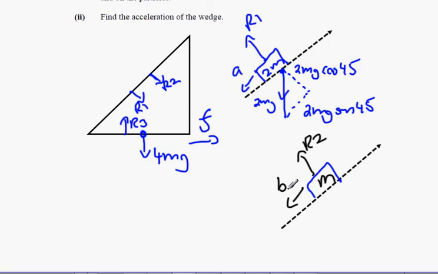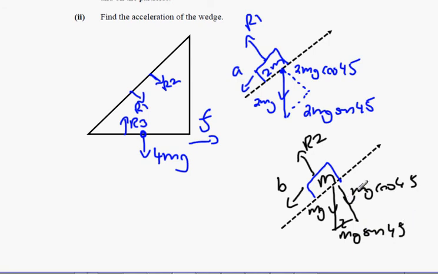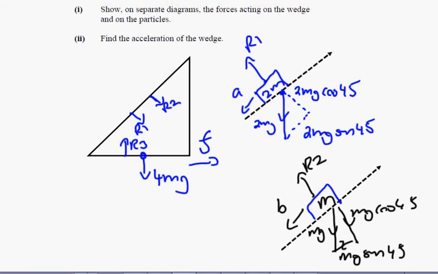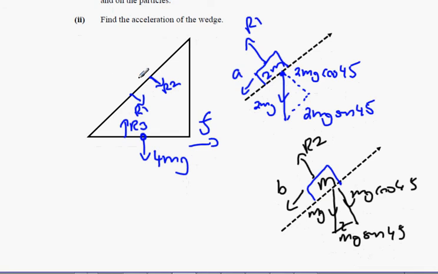Then its weight going downwards is mg. Now we're going to have mg cos 45 and mg sin 45. mg cos 45 is perpendicular to the plane, mg sin 45 is parallel and driving it down the plane. Okay, this is all part A done.